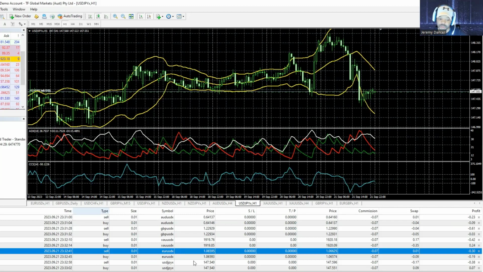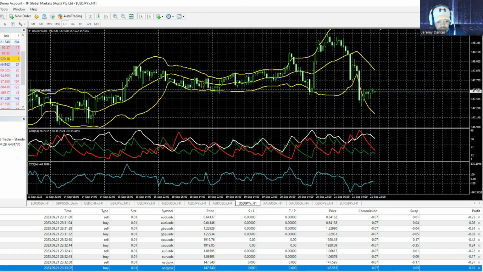But with this broker, for the Euro US dollar and the US dollar Japanese yen, my spreads are actually 0. So after 6 p.m., when everything settles, then it makes sense for me to go ahead and close certain trades. All right, now this is a good one. So my broker is in favor of buying the US dollar Japanese yen.